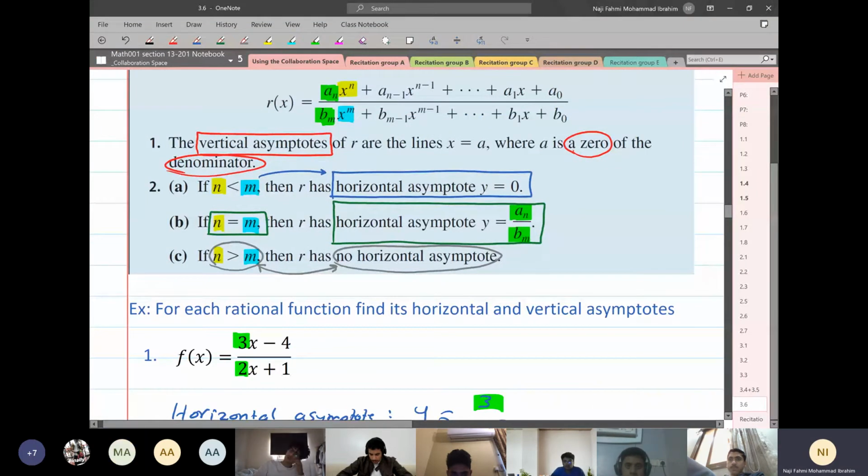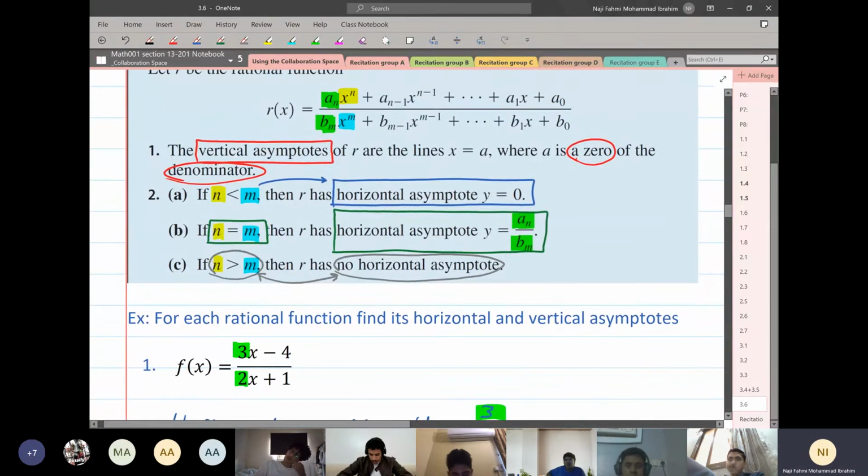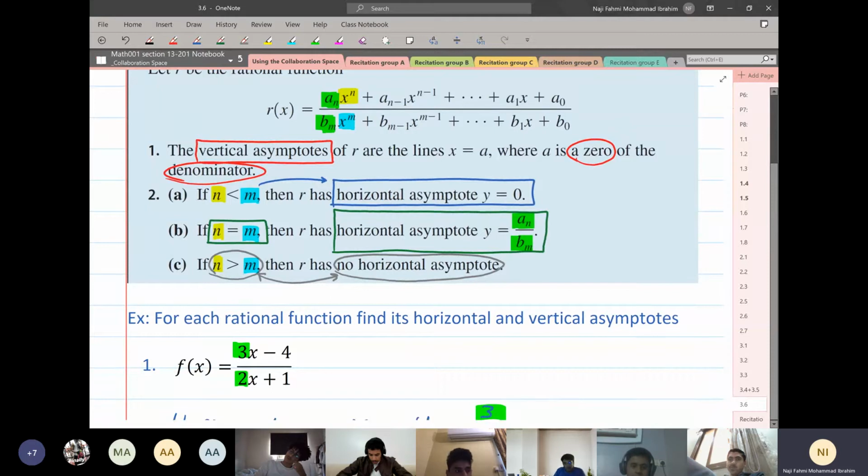In the first case, if the degree of the numerator is less than the denominator, we said the horizontal asymptote is y equals 0. And if the degrees are equal, the horizontal asymptote will be the leading coefficient divided by the leading coefficient. And if the degree of the numerator is more than the denominator, we said we have no horizontal asymptote.